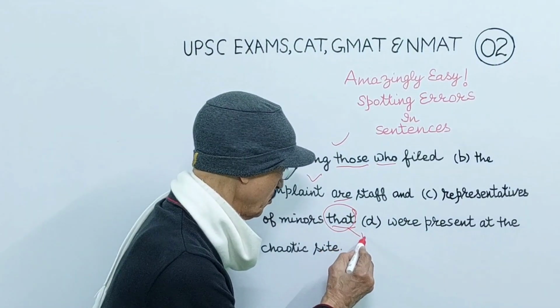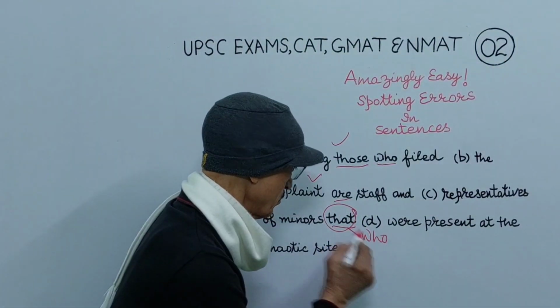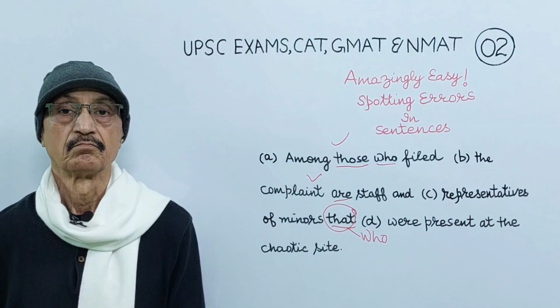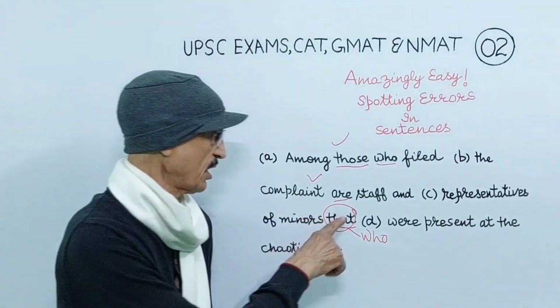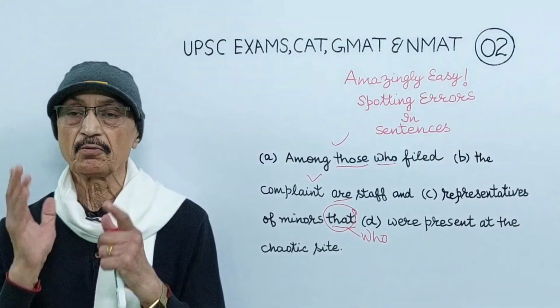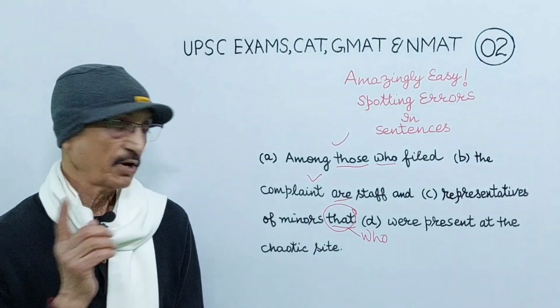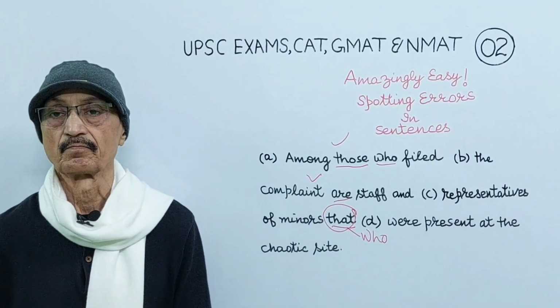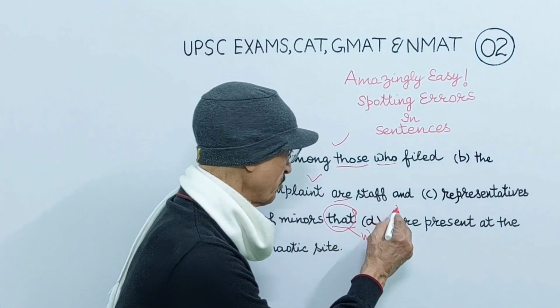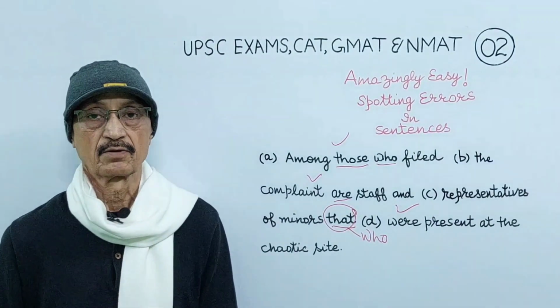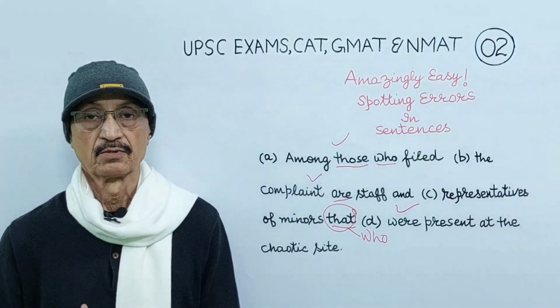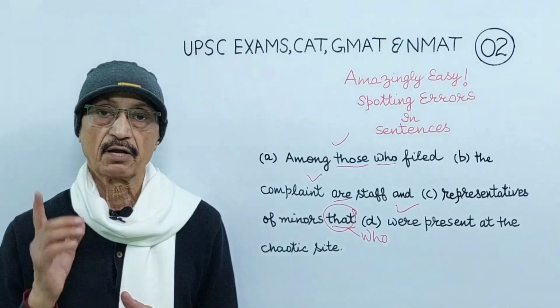We should use who, because the antecedent is staff and representatives of minors. This is why we will take who. D part is correct. This is the way you will always try to spot an error.